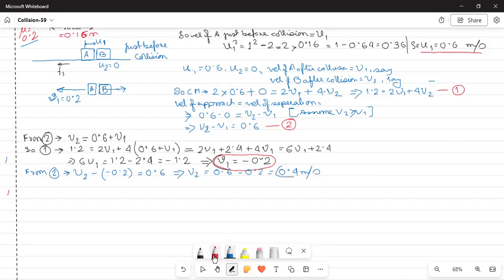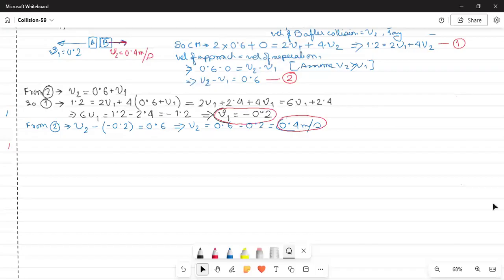So we found that the two bodies are moving in opposite directions.